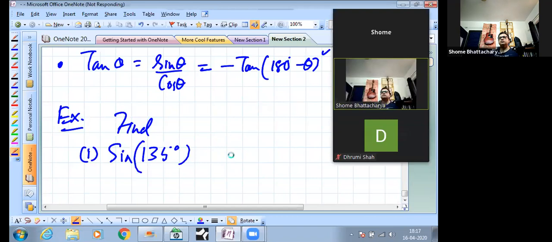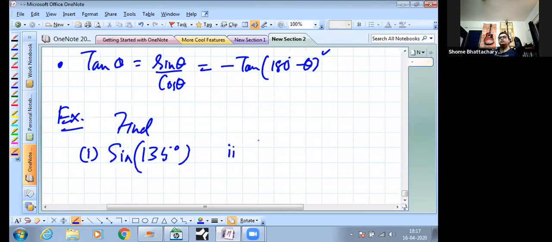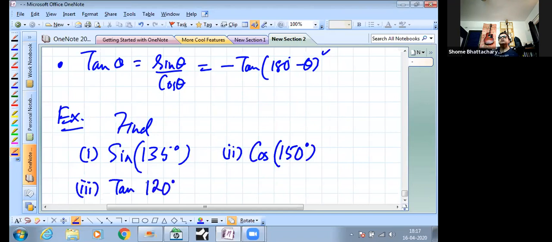Then again, cos of 150 degrees. Okay. And then again, tan of 120 degrees. Just calculate these three and you'll see you'll get the full confidence on how to apply these formulae for the second quadrant.